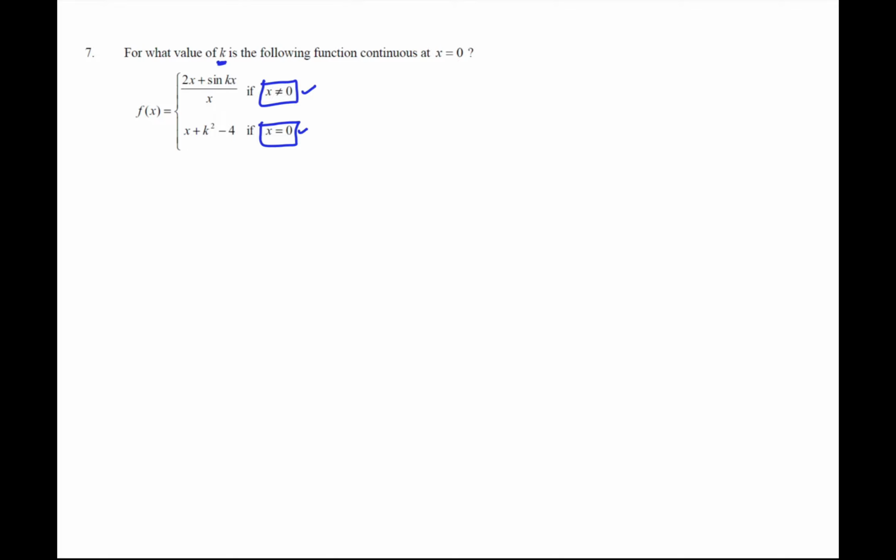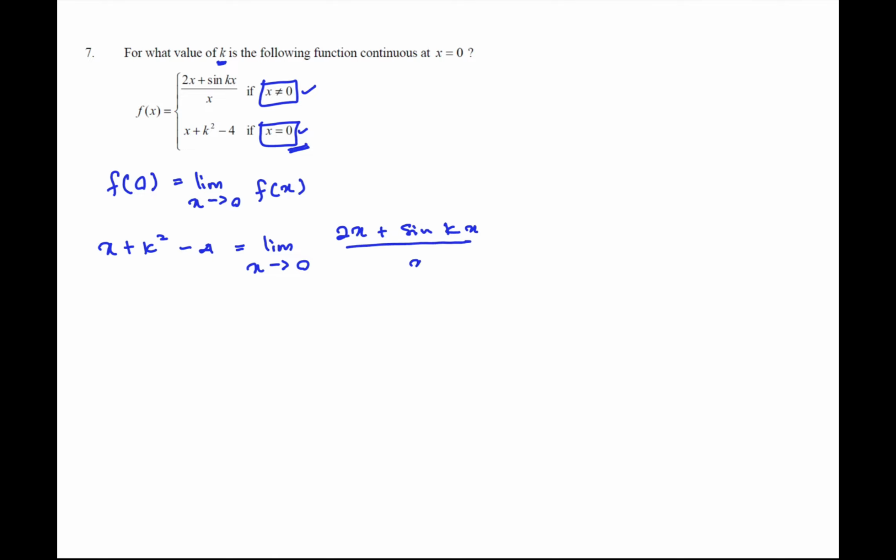We know that if a function is continuous, it means that f(0) must be equal to the limit as x approaches 0 of the function f(x). f(0), because x equals 0, is x plus k squared minus 4, equal to the limit as x approaches 0 of 2x plus sine kx divided by x.